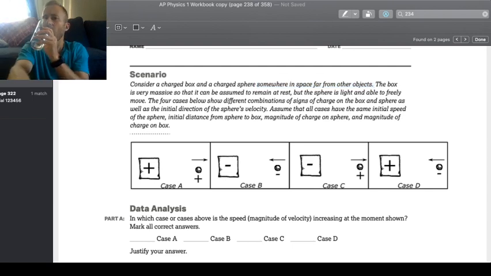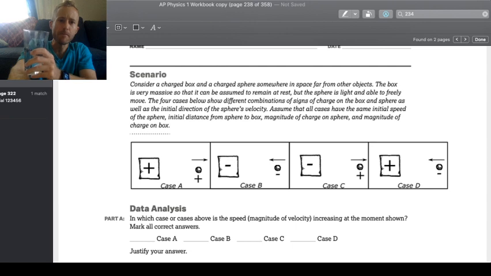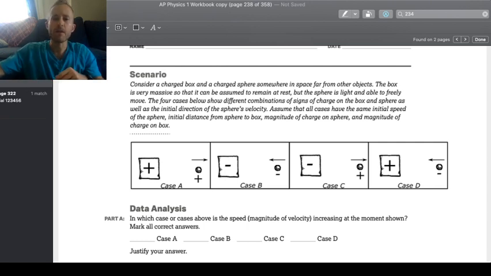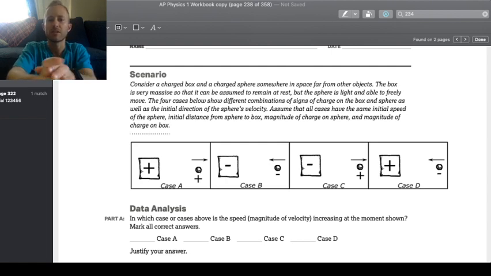The box is very massive so that it can be assumed to remain at rest, but the sphere is light and able to freely move. 4 cases below show different combinations of signs of charge on the box and the sphere, as well as the initial direction of the sphere's velocity. Assume that all cases have the same initial speed of the sphere and that the initial distance from sphere to box, magnitude of charge on the... Okay, blah, blah, blah.